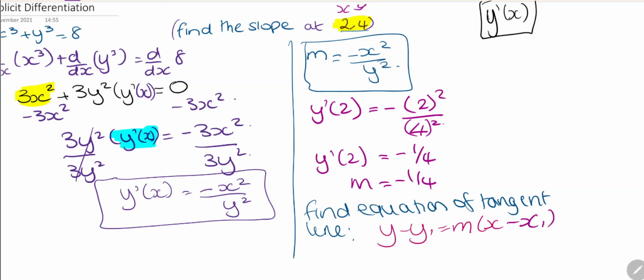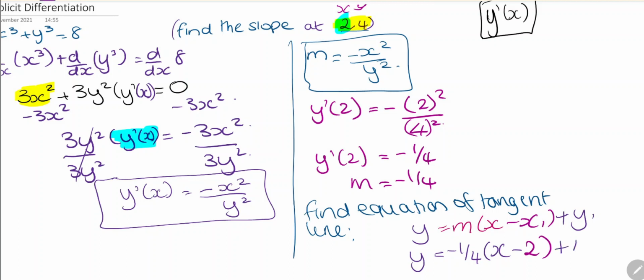So sometimes we'll have this also written over here. So for the purpose of this, I'm going to write the plus y1 over here. So we're going to write this as y is equal to minus a quarter x minus, now in the question we have 2, so this is going to be minus 2. And then we have our 4, so it's going to be plus 4. And this would be the equation of the tangent line.